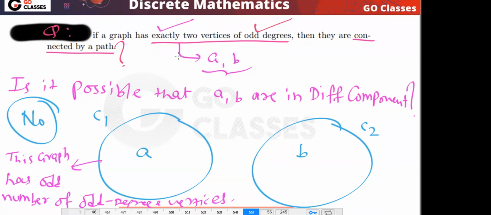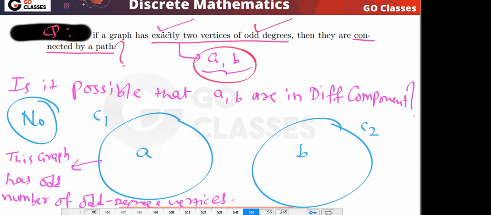See Arpan, it is given that exactly two vertices are of odd degree. Let's assume these are the two vertices of odd degree, A comma B. Exactly two means no more than two, not less than two. All other vertices have even degree.